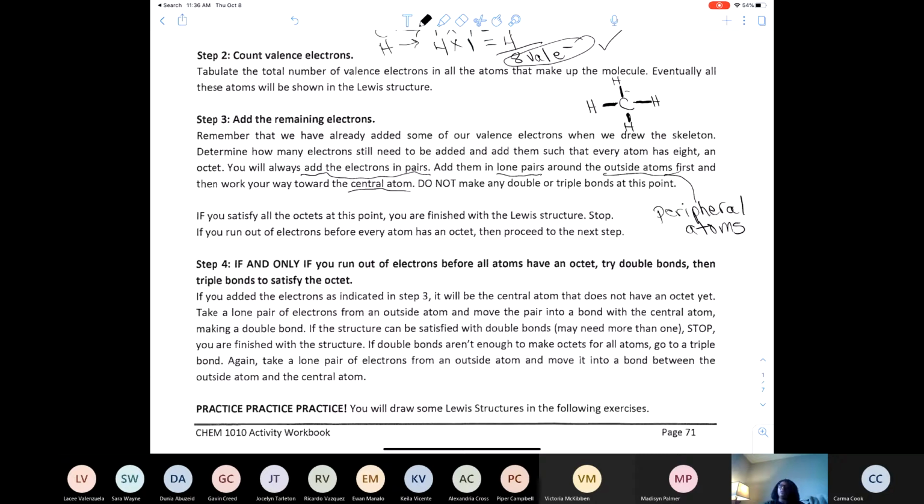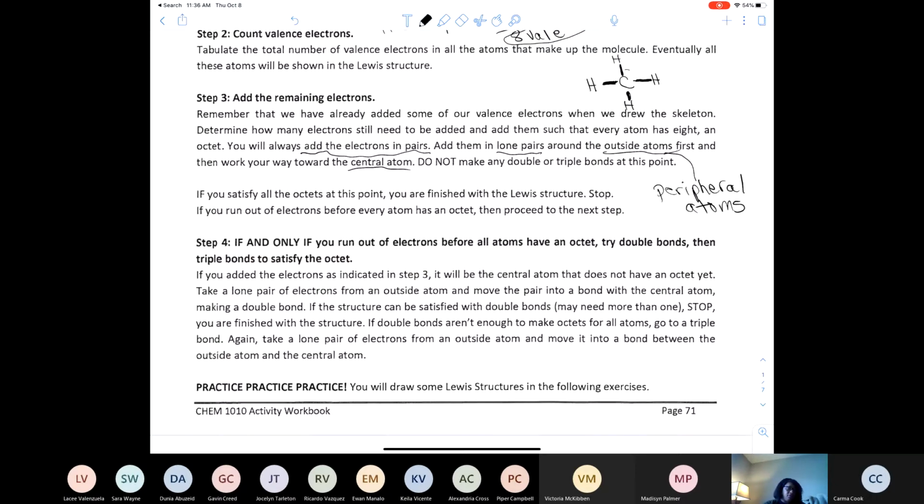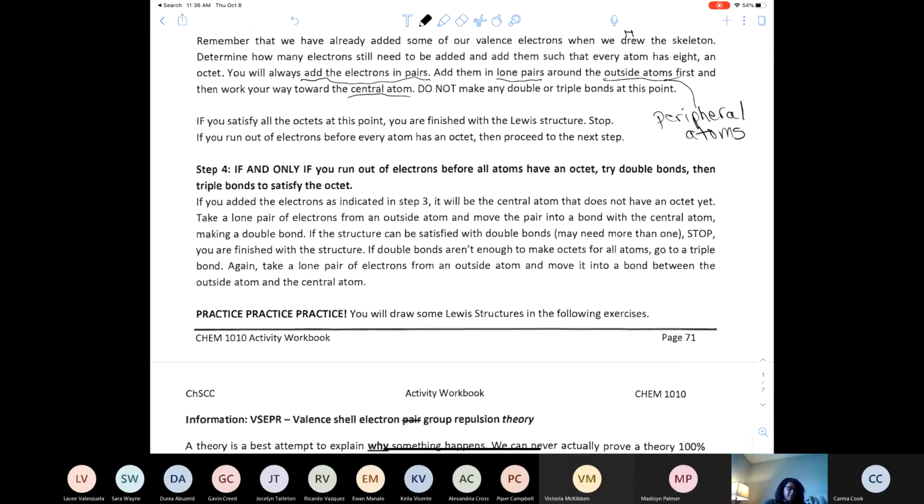And if your octet rule is satisfied for each atom at this point, and you've reached your total valence electron requirement, then your Lewis structure is finished. But if you run out of electrons before all the atoms are happy and have 8 electrons around them, then you've got to try multiple bonds.